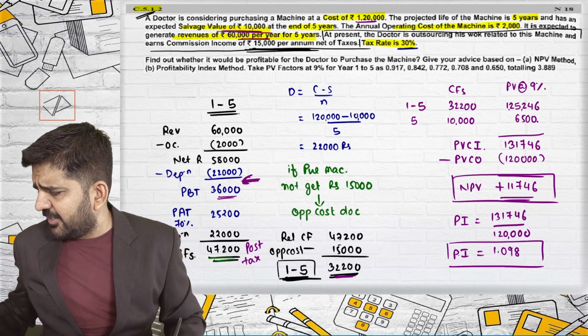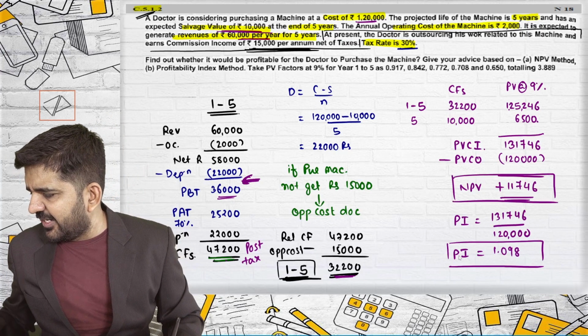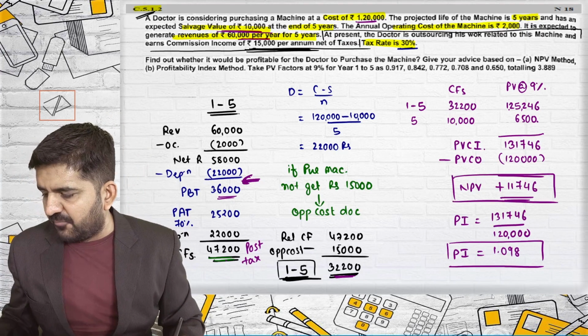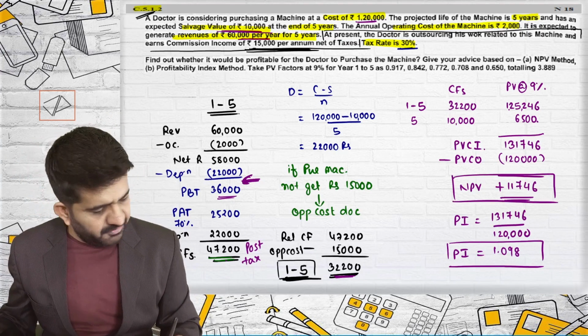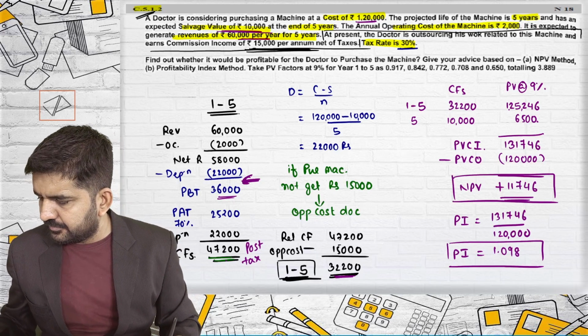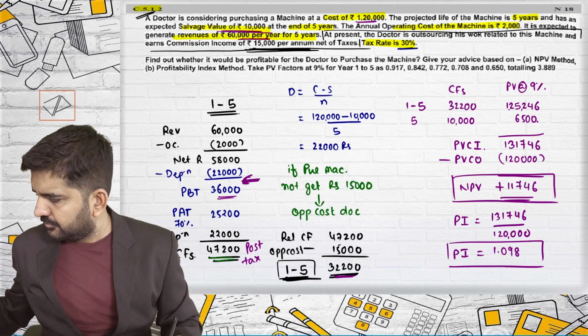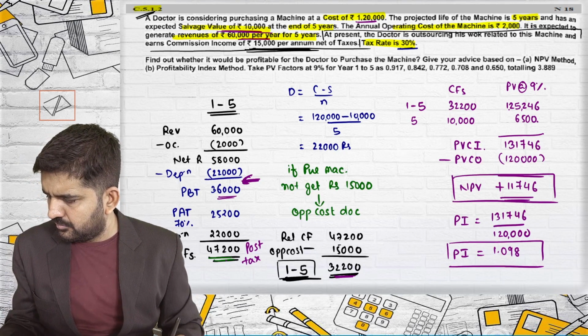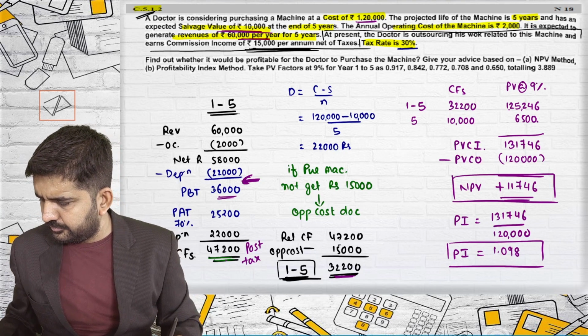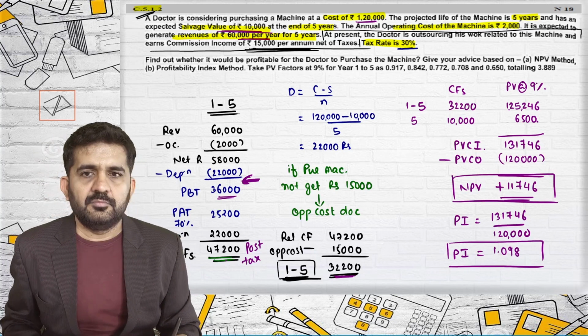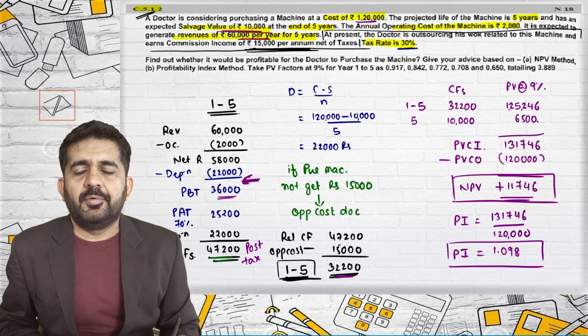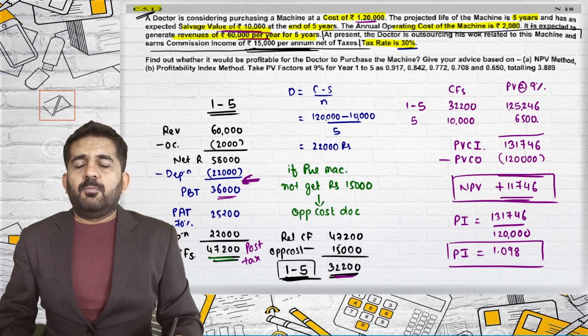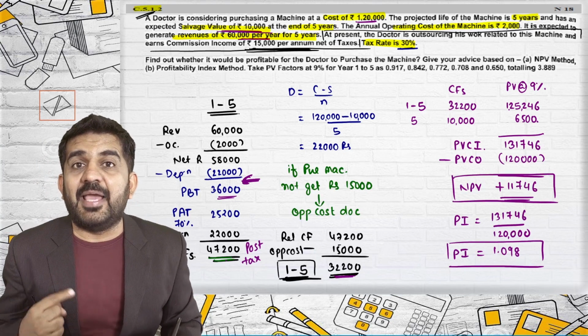In the book, the answer might be somewhat different because they might have taken the book factors, the factors which are given in the book. If you take book factors, your answer will be approximate.